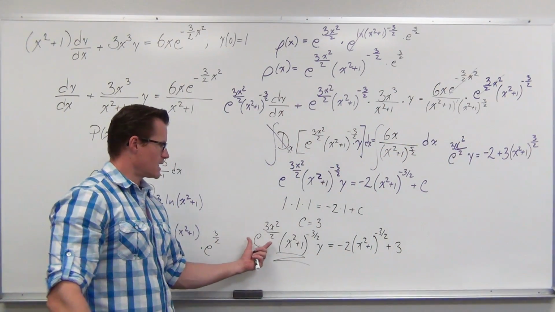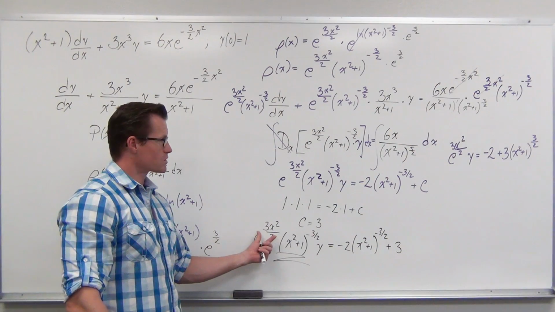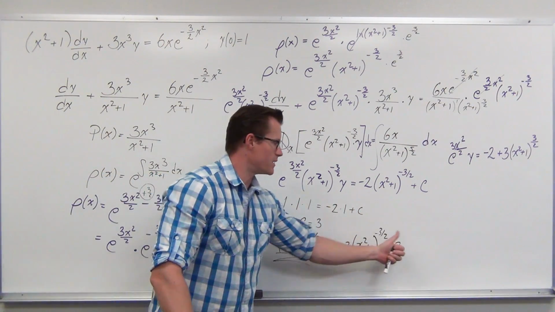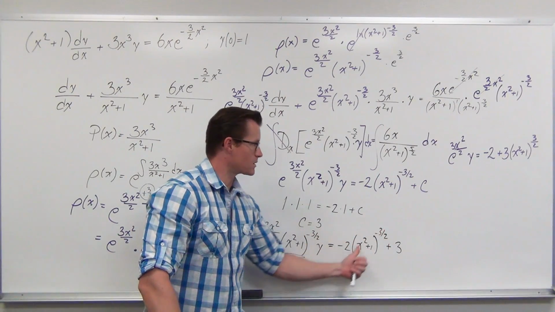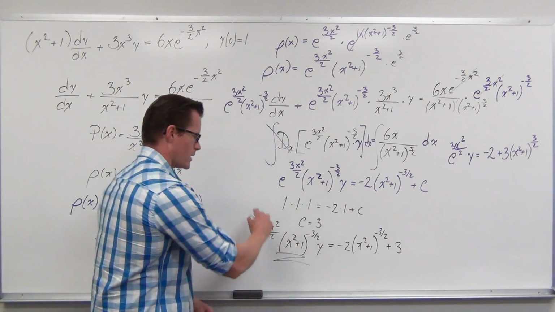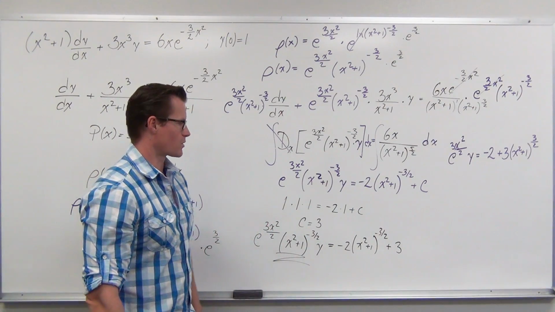So I still have an e to the 3x squared over 2. I still have my y. We multiplied both sides by this, so this is gone. This is gone. We still have a 2. We have 3 times x squared plus 1 to the 3 halves. I multiplied both sides by x squared plus 1 to the 3 halves.